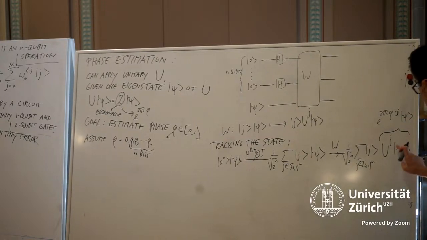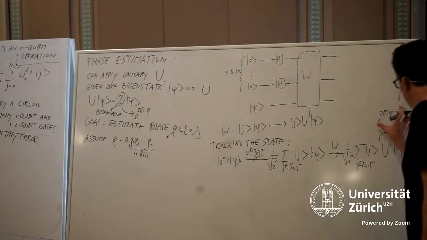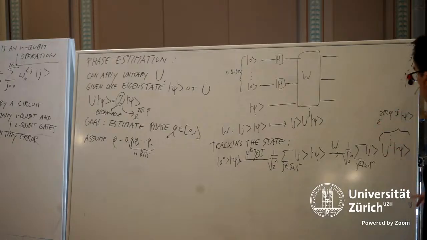And so what you really have in the second register is some complex number that depends on j, times the original eigenstate ket psi. We haven't thrown it away, it's still there. And this number commutes with the ket, so I can equally well write it in front of the ket j here.